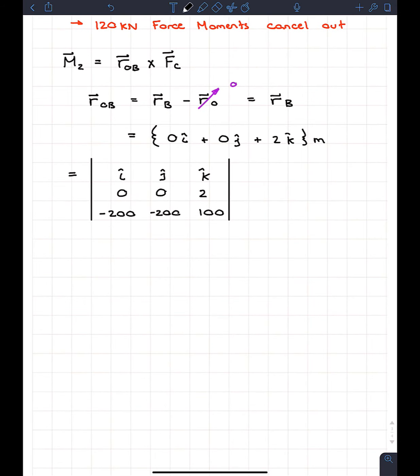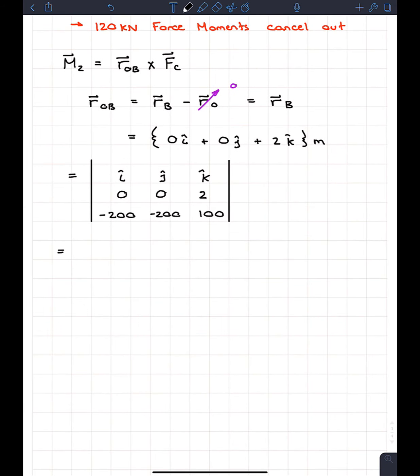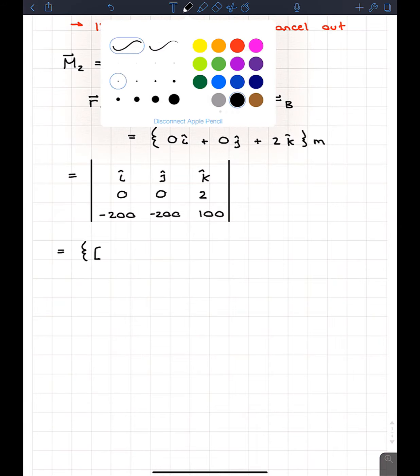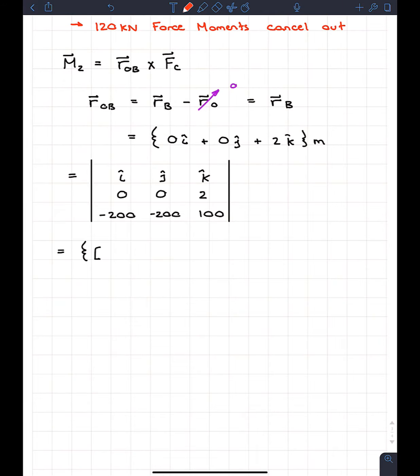So what I teach is what I call the fish method. I have videos on that, so you can go through it, but I'll show you because it's a midterm, so we're going to go nice and easy. If I'm looking for the I component, I'm going to cross off everything in the I column, and then I'm going to make a fish that starts at the top left, comes down, and goes like this.